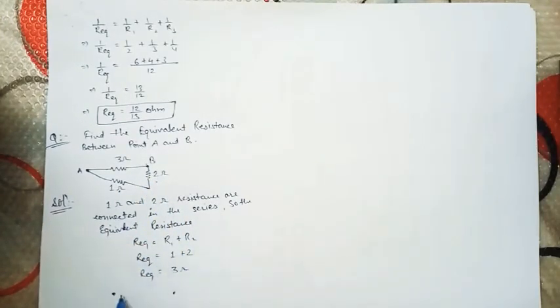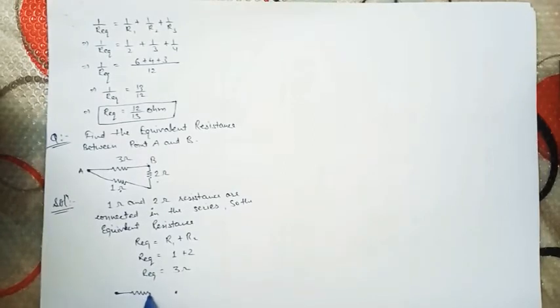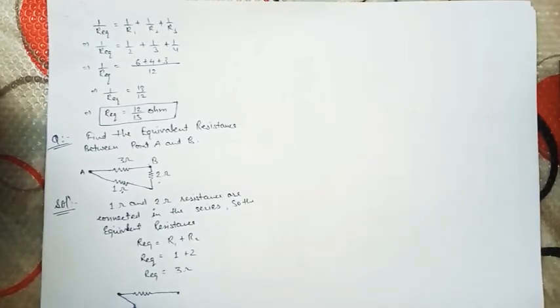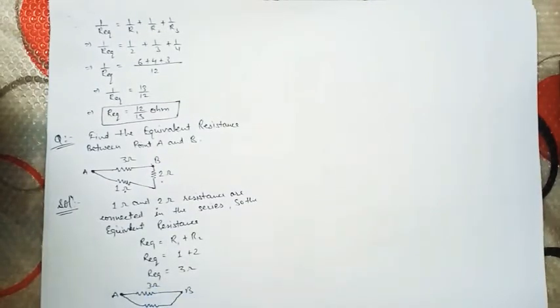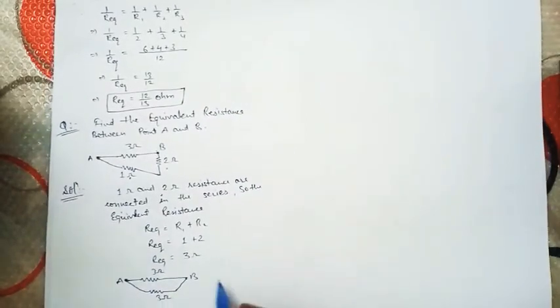Okay, so we redraw the diagram. Point A, point B, 3 ohm, it is 3 ohm. Okay, now we are having the two paths to move from point A to point B. One having a 3 ohm resistance and another is also having a 3 ohm resistance.